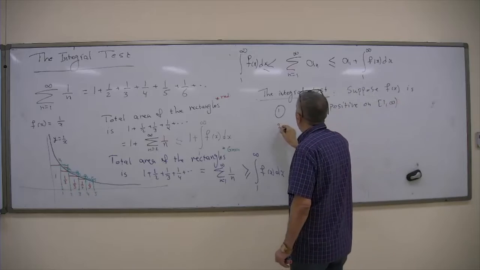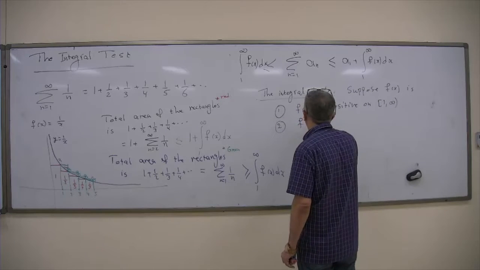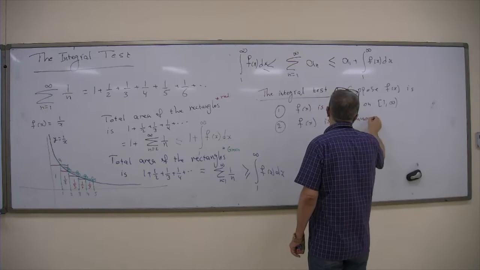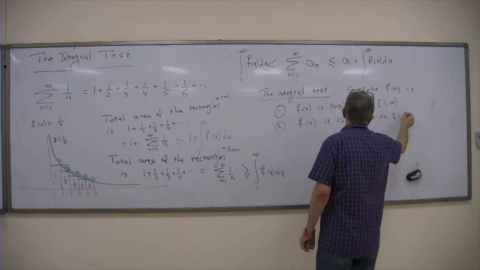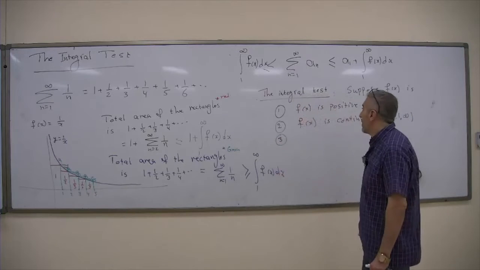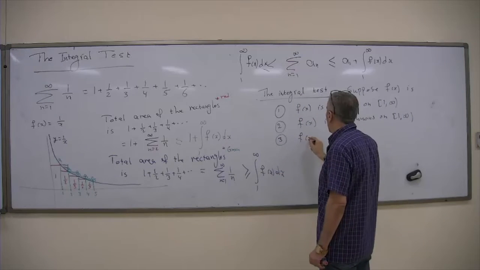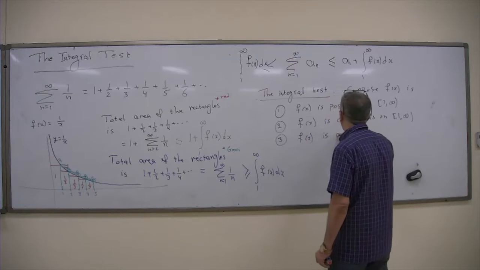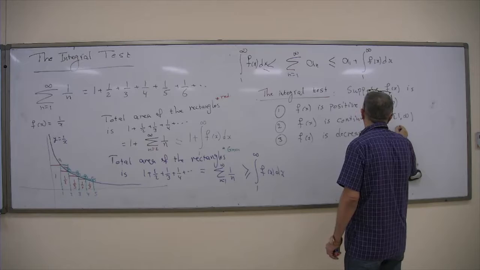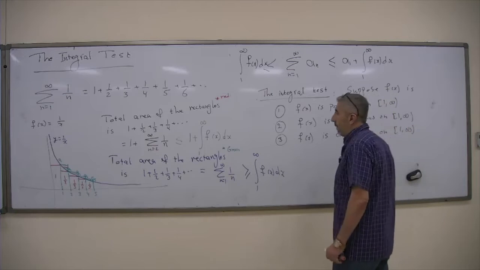We want f of x to be continuous. And we want, what else? We want it decreasing. f of x is decreasing on 1 to infinity. Correct?